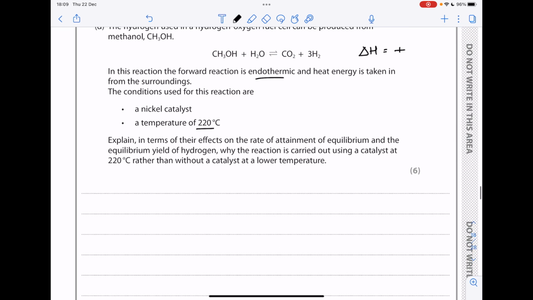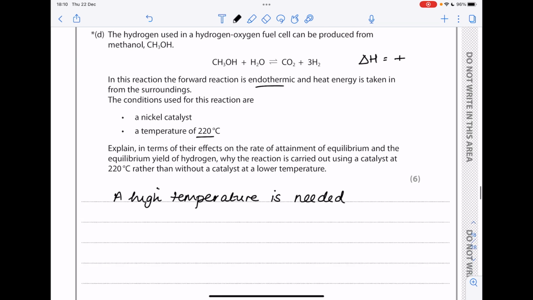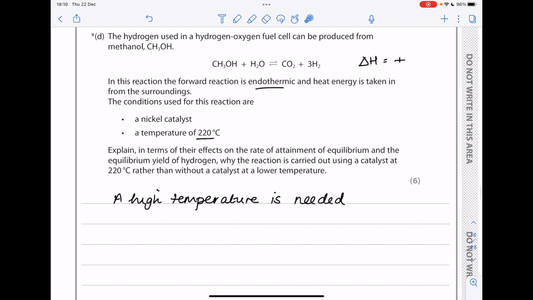It's quite a wordy question, that, but let's start by saying why we want a high temperature. A high temperature is needed. This is all about understanding Le Chatelier's principle and equilibria. So remember, high temperatures will favour the endothermic reaction. In this case, we know that the forward reaction is endothermic.